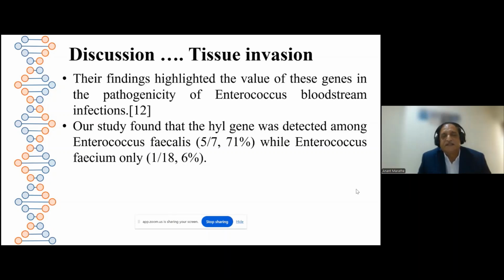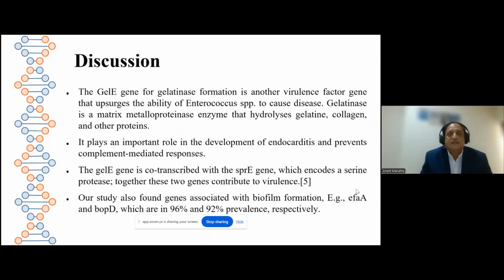Our study found that the HYL gene was detected in 5 out of 7 Enterococcus faecalis, while only 1 Enterococcus faecium had it. The GEL-E gene for gelatinase formation is another virulence factor gene that increases the ability of Enterococcus species to cause disease. Gelatinase is a matrix metalloproteinase enzyme that hydrolyzes gelatin, collagen, and other proteins. It plays an important role in the development of endocarditis and prevents complement-mediated response.